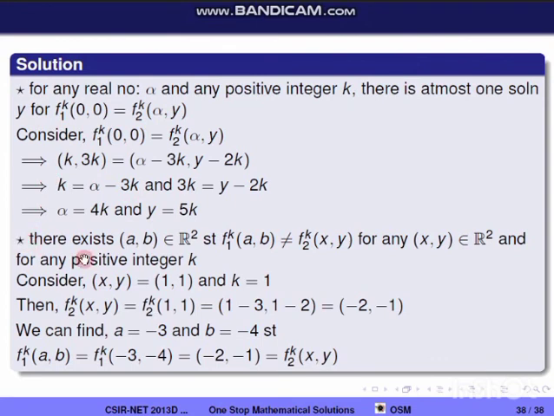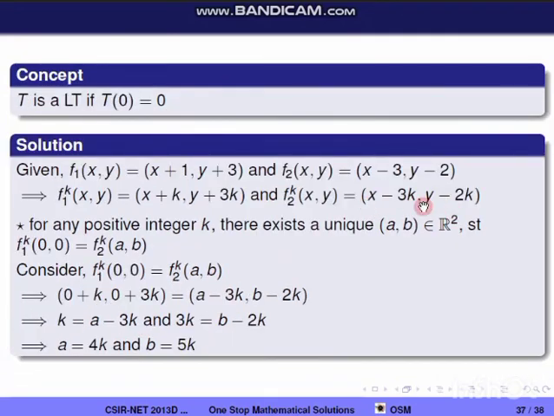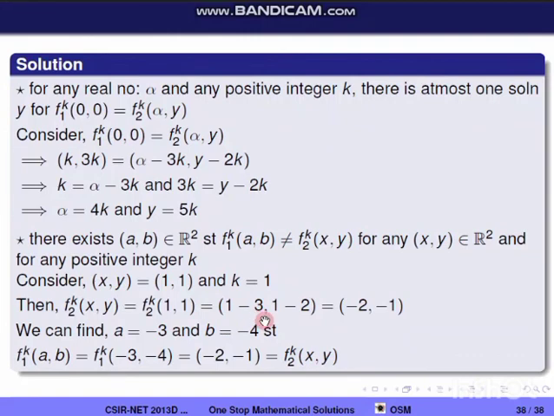Third option: there exists AB belonging to R square such that f1 power k of AB is not equal to f2 power k of xy for any xy in R square and for any positive integer k. Suppose I take xy equal to 1 comma 1 and k equal to 1. Then f2 power k of xy is equal to f2 power k of 1 comma 1, which, substituting in this, is equal to 1 minus 3 comma 1 minus 2, which is equal to minus 2 comma minus 1.